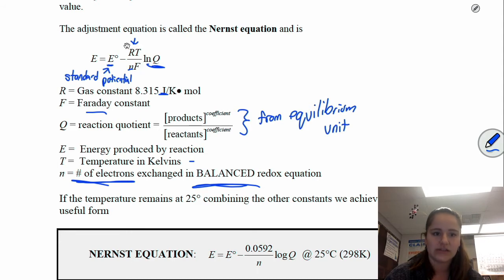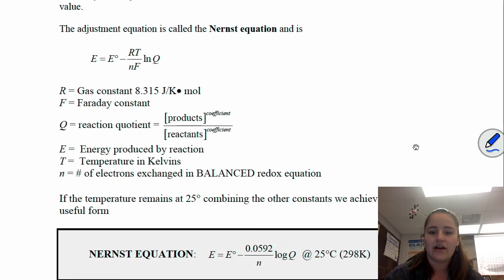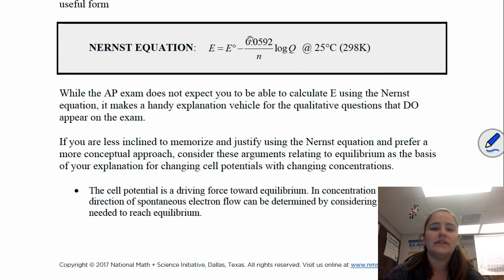Those are all constants. So when you multiply and divide those, you get this number down here of 0.0592. Okay, this is just a way to simplify that Nernst equation, and as long as we're doing it at 25 degrees Celsius, which is pretty normal, that's just room temperature, so it's easy to do.